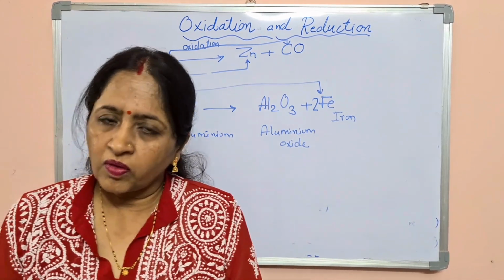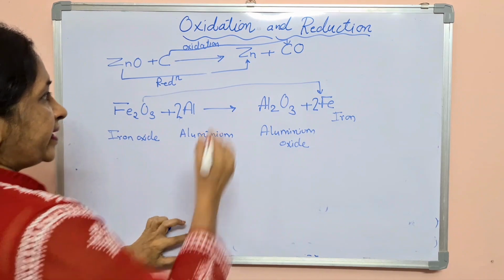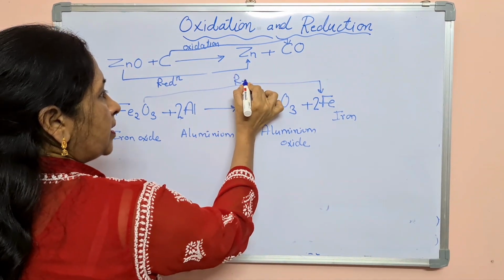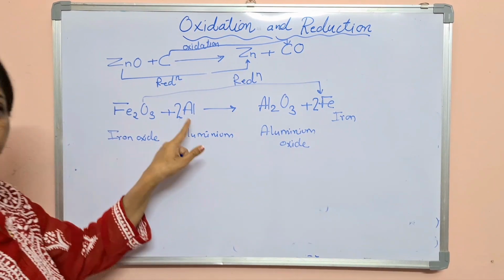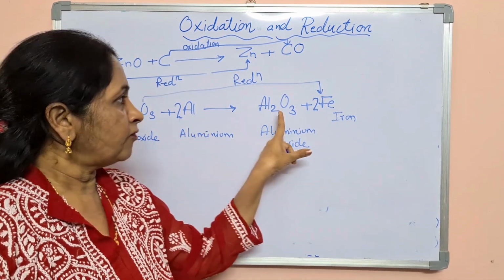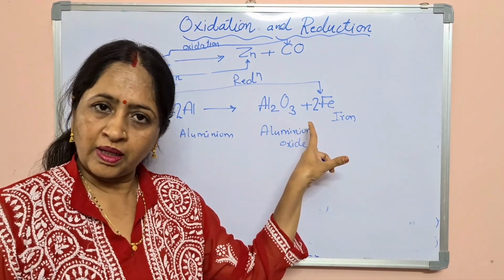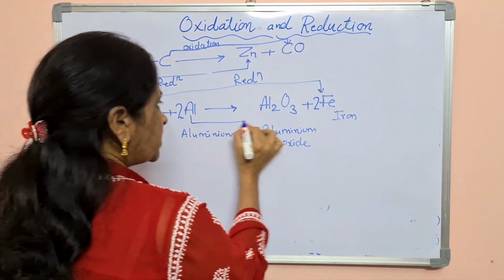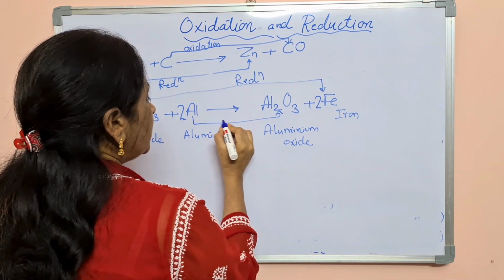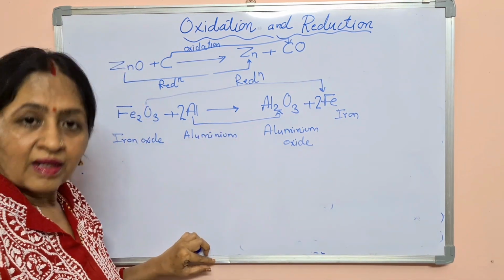And removal of oxygen is what? Yes, it's a reduction. And this is the aluminium. So aluminium is converted into Al2O3, that is aluminium oxide. So here the addition of oxygen is called oxidation.